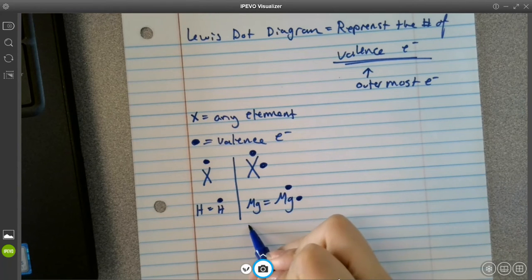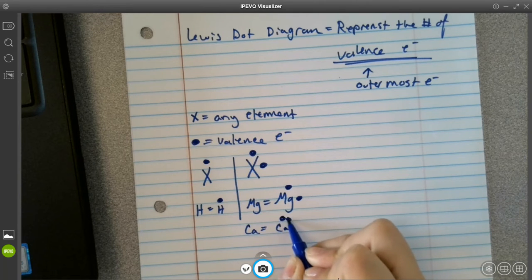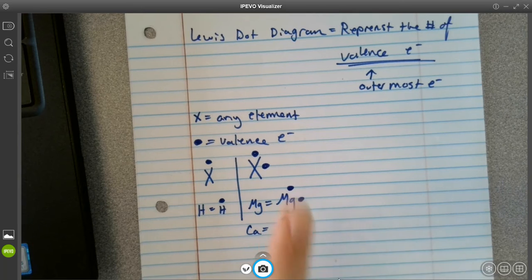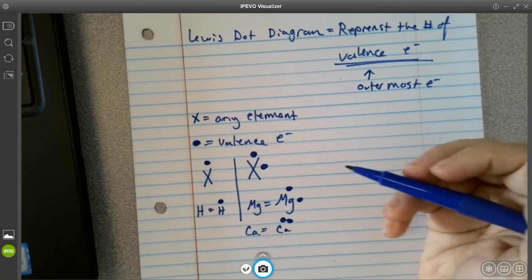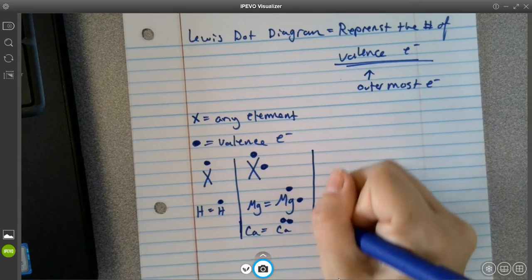So if I'm wanting to continue and look at calcium, I have 2 dots. It's the same thing right here. It's telling me that I have 2 valence electrons. So I'm not going to be counting those kind of answers incorrect, because you are simply telling me that there are 2 valence electrons. So don't judge yourself too harshly there.